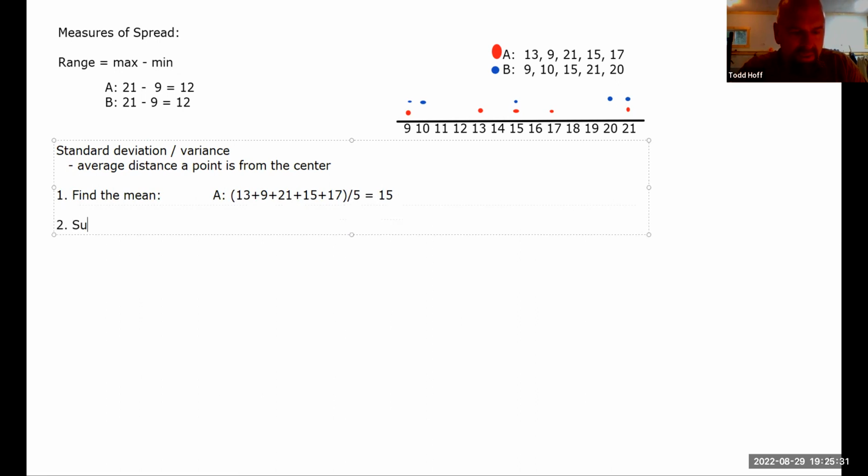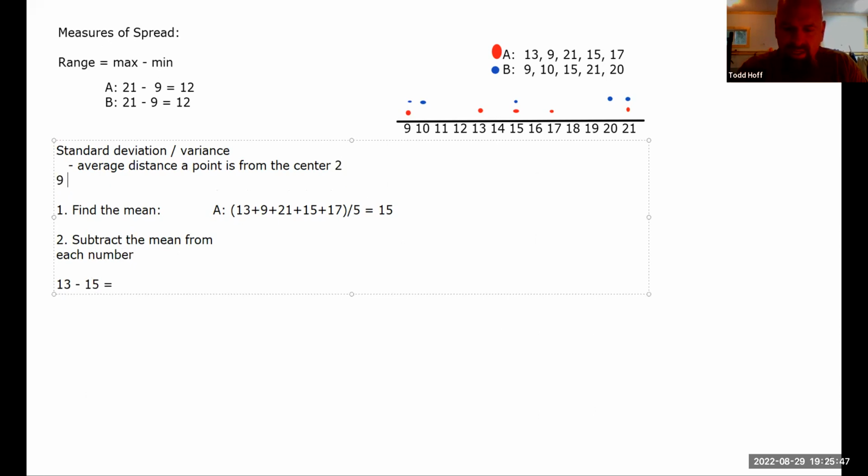Step 2 is to subtract the mean from each number. So we've got numbers here of 13. 13 minus 15 is -2.